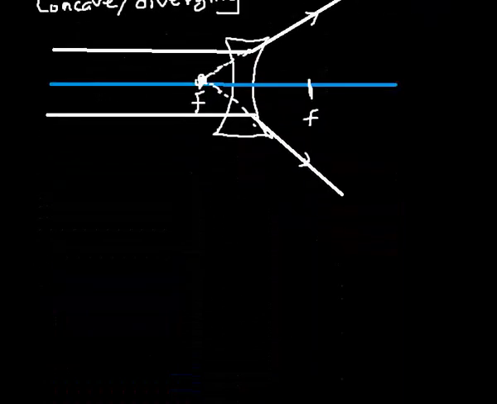So now we'll talk about the lens equation. As I said, the nature of the image formed by a lens depends on the position of the object and the focal length of the lens. That's exactly what you're going to represent in the lens equation.